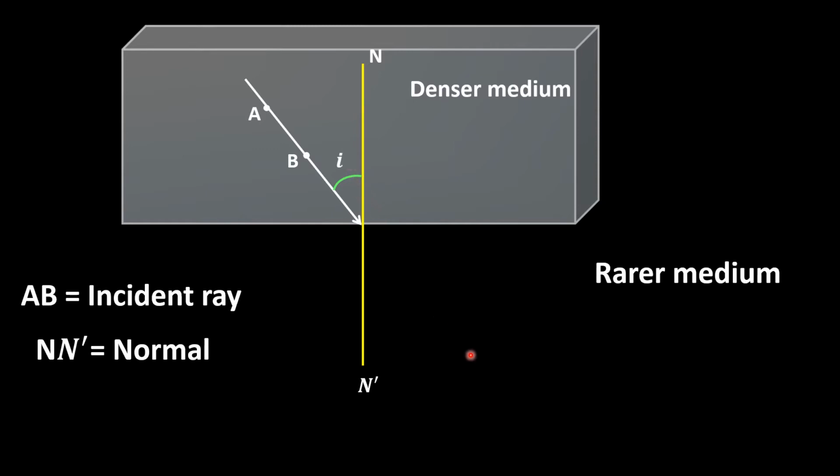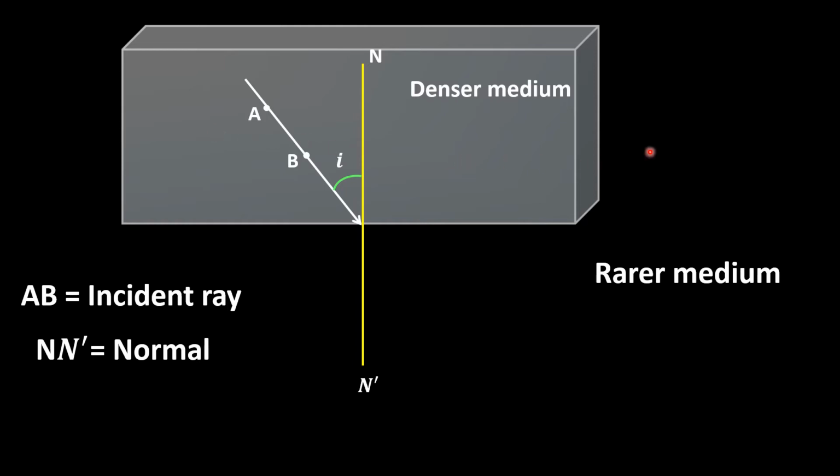Very interesting thing, you can imagine very easily. n sin theta is constant, that is n1 sin theta 1 equals n2 sin theta 2.